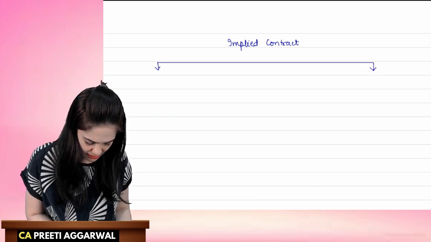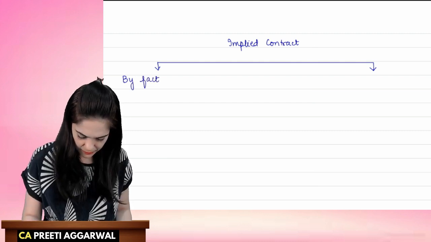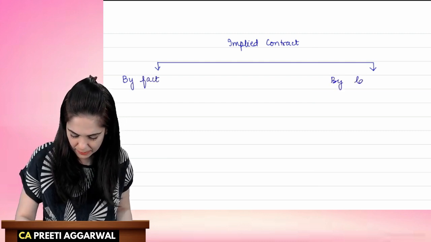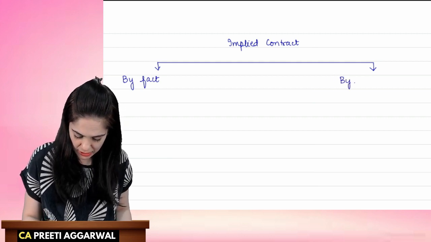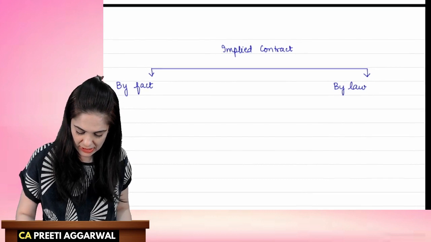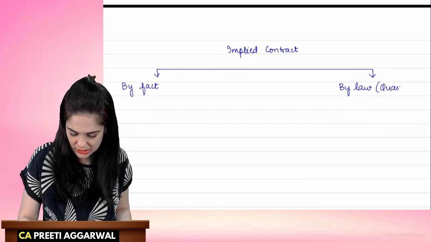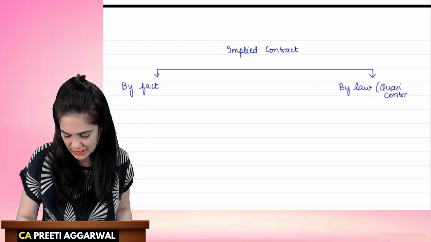Now, a contract may be implied either by fact or by law. Contracts implied by law are also known as quasi-contracts. Quasi means they are just like a contract.